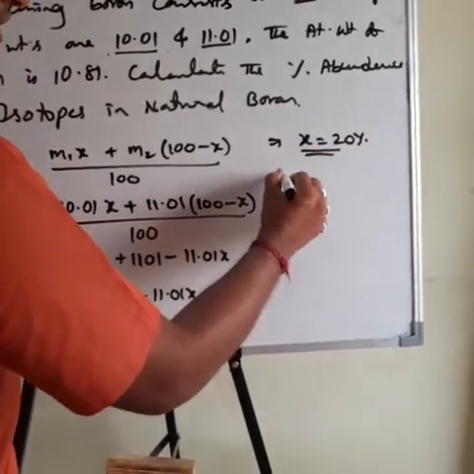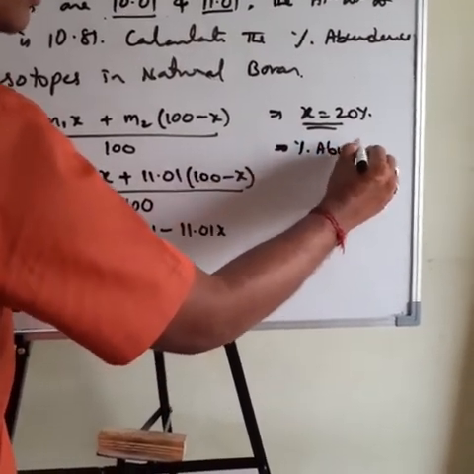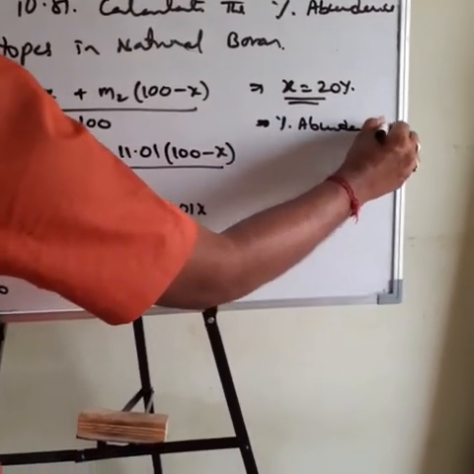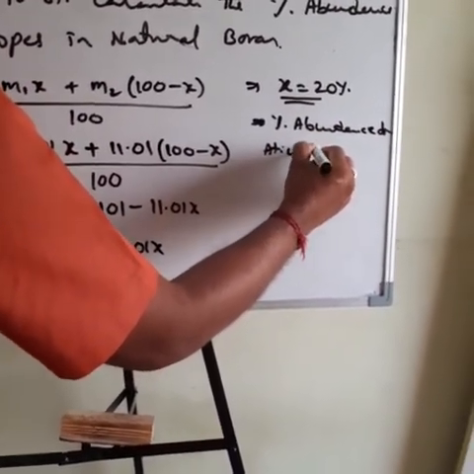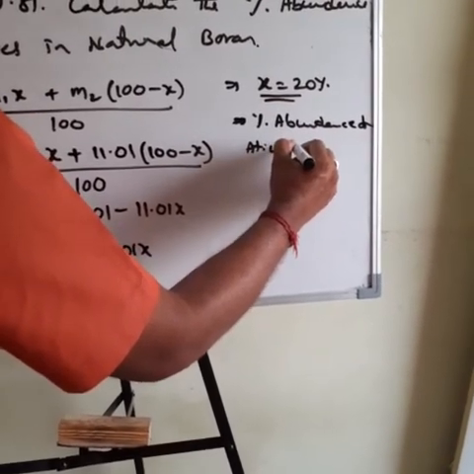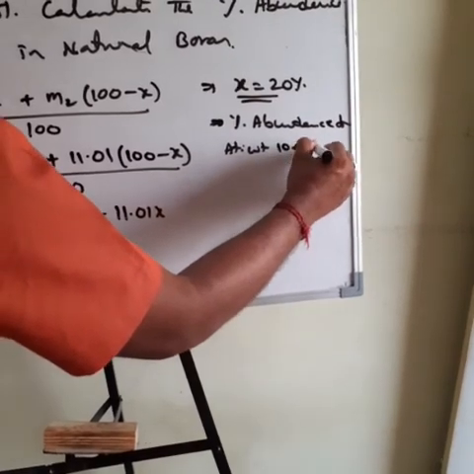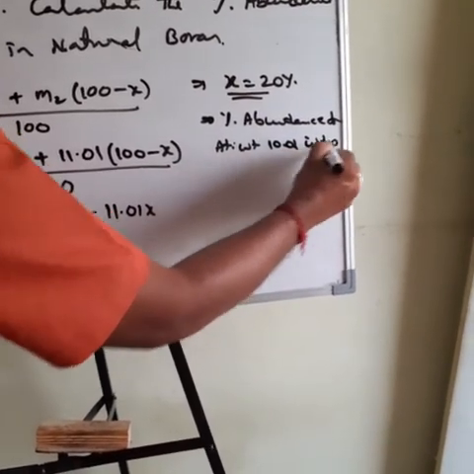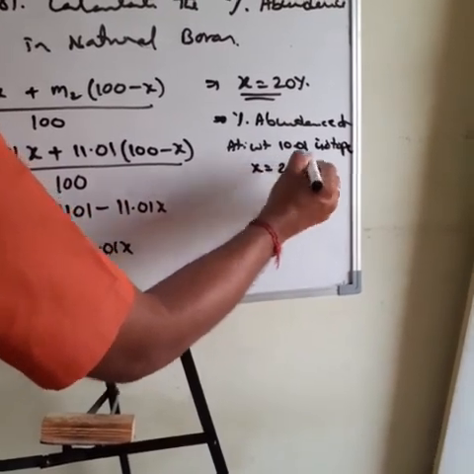Then how to write this? The percentage abundance of the isotope having atomic weight 10.01 is x, equal to 20%.